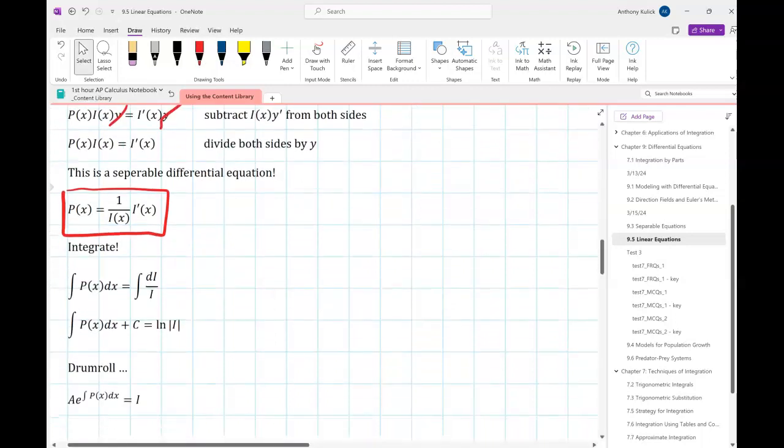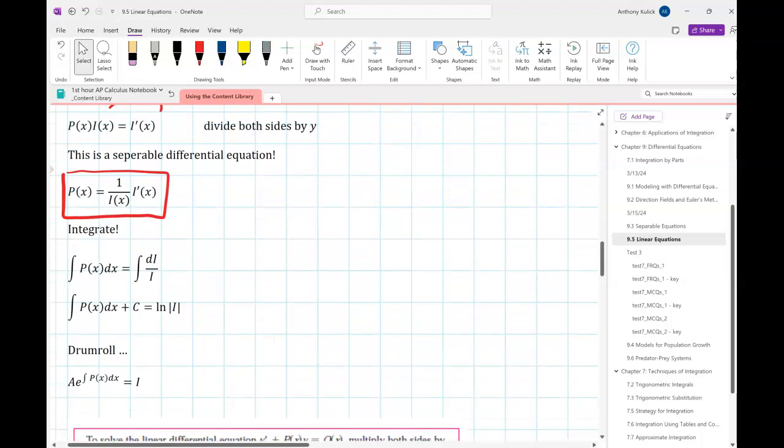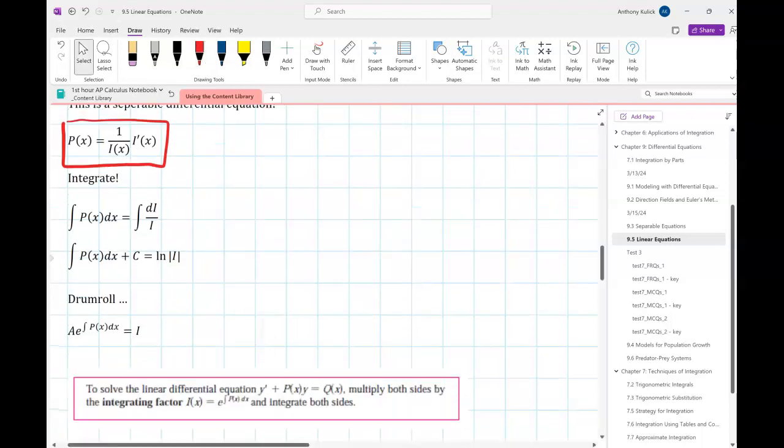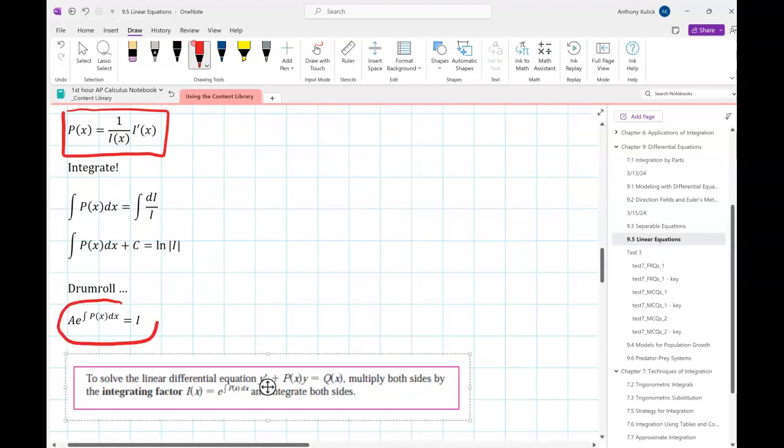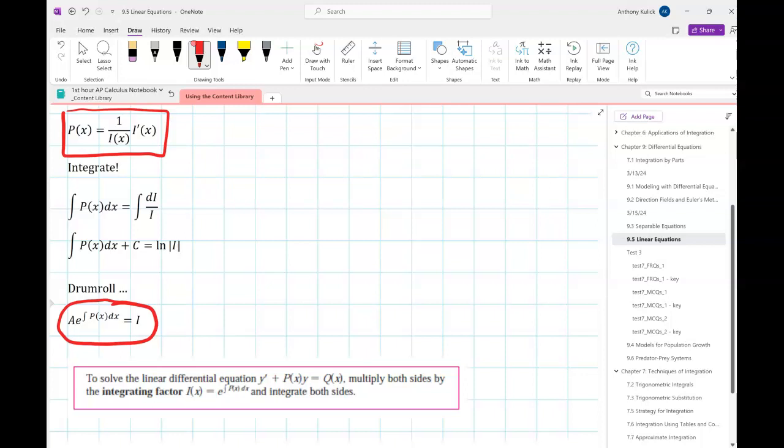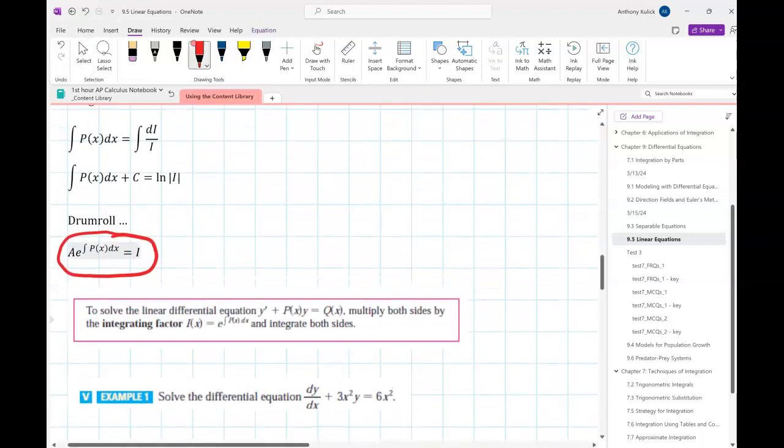If I integrate both sides, I get the integral of p of x dx plus c is the natural log of the absolute value of I. And I do e to both sides. And I is going to be a constant times e to the integral p of x dx. That's our ticket.